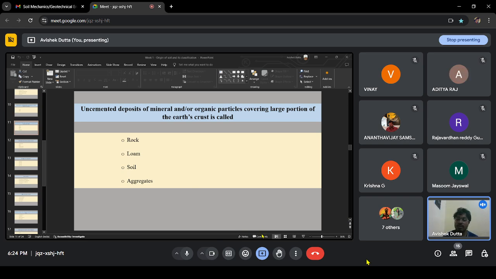I'll repeat the question once. Uncemented deposits of mineral and or organic particles covering large portion of the Earth's crust is called rock, loam, soil, or aggregates. All right. I'll go to the next question.